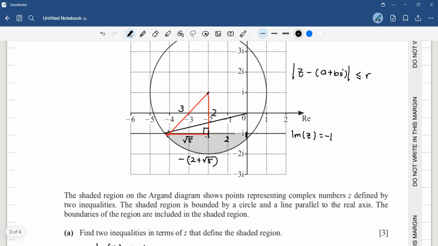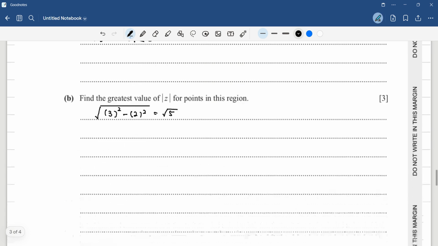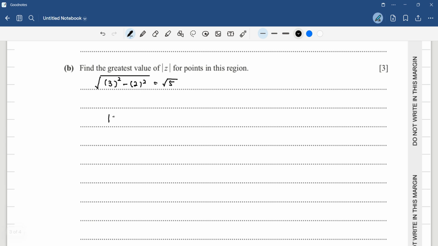But if you take it as a distance, it is just 2 plus square root of 5. So in order to find the greatest distance of the point from the origin, the greatest modulus z will be the square root of (2 plus square root of 5) squared plus 1 squared.